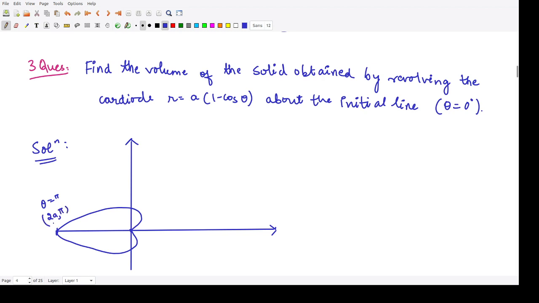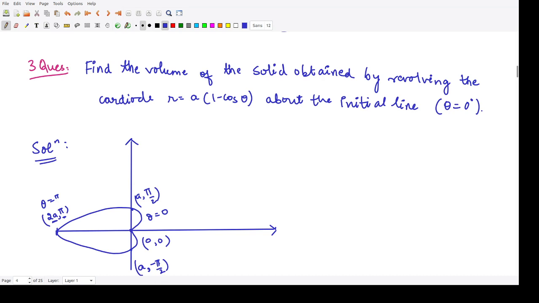The distance r is 2a and the angle here is pi. This point is theta equal to 0 and the point is (0, 0), also known as the pole. This point is (a, pi/2) and this point is (a, minus pi/2).